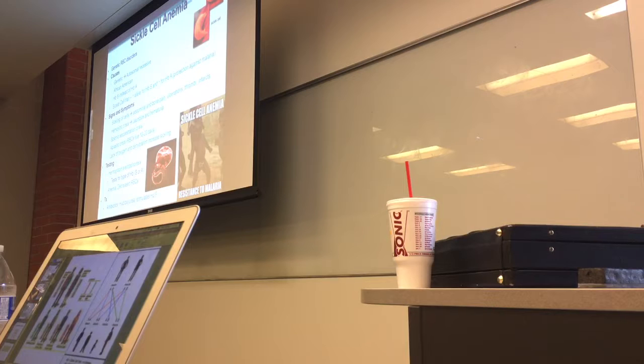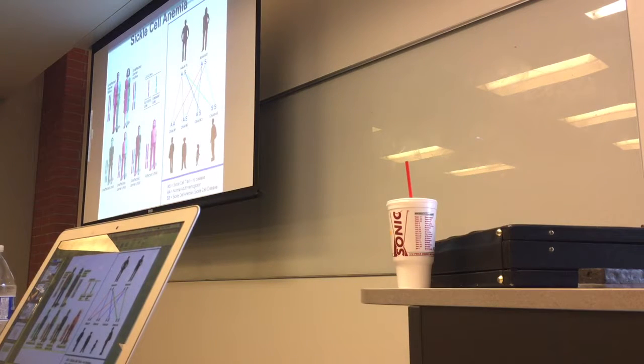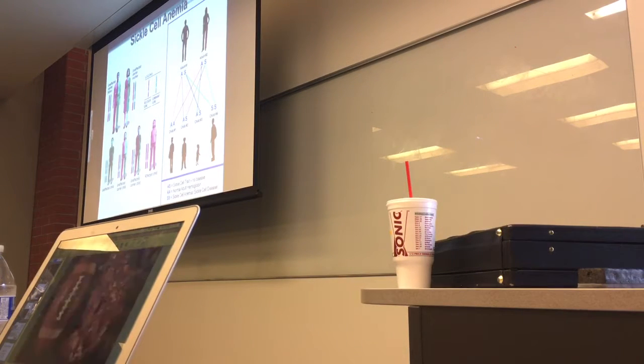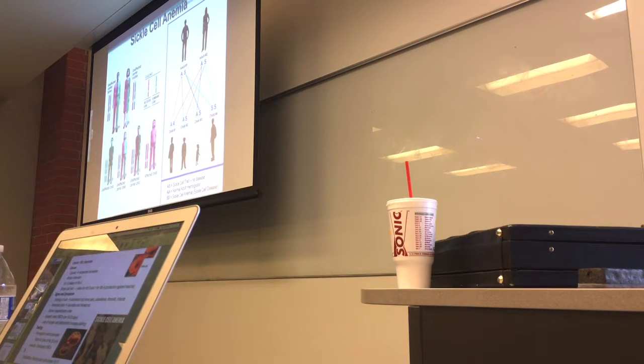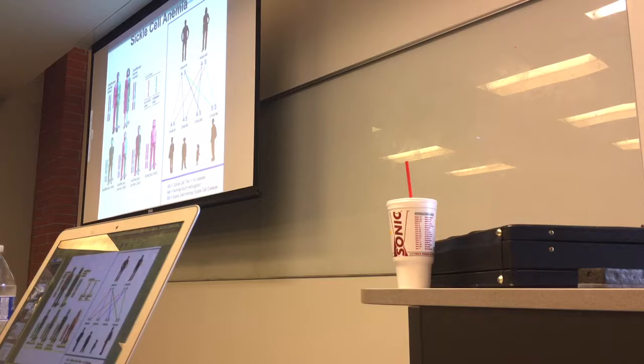Oh, so you would think this chart would say hemoglobin B and hemoglobin S is what they had? Yeah, something like that. But I know it's recessive, so I don't know.